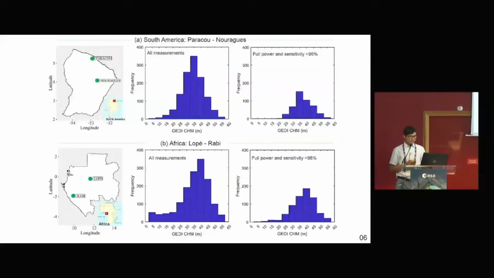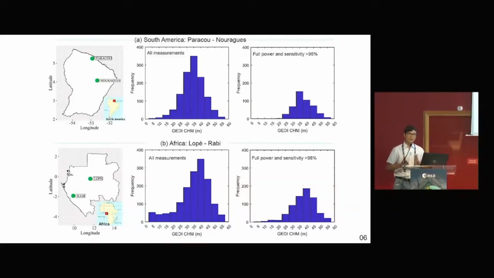Okay, so we put the two together, and first we try to understand in a little more detail the spectrum of the data we have. We focus on TomoSAR in South America and Africa. In South America we have Paracou and Nouragues, and the spectrum of the canopy height there is usually around 30 meters, with very few measurements below 20 meters.